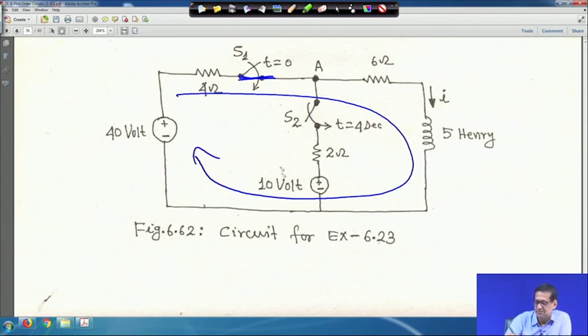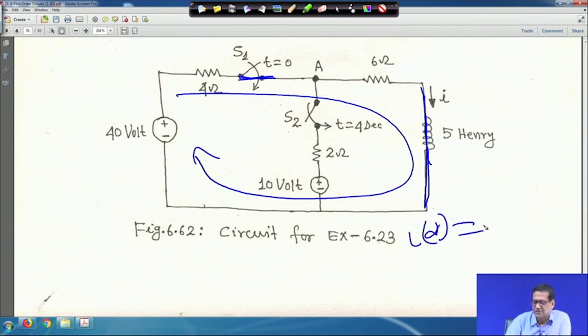So, this branch has no effect, right, and suppose in steady state, the inductor is acting as a short circuit, right. So, in this case, what will be the steady state current, that is I infinity for when S1 is closed.